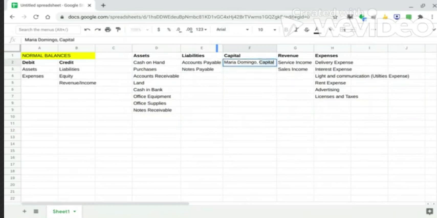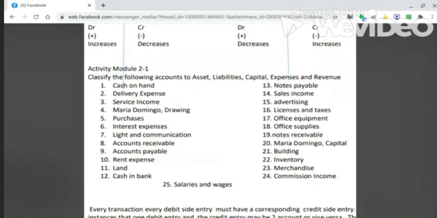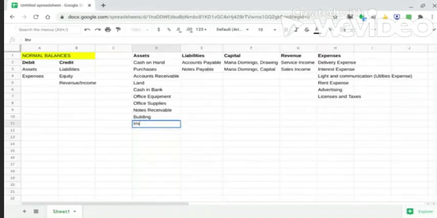We have Maria Domingo Capital. Yung kanina pala drawing yon. So, capital, syempre pag nag-i-invest owner, there, dun siya papasok. So, ilagay din natin si Maria Domingo Capital dito. Next is the building. So, it's under asset ulit. And we have the inventory. Under assets, we have the merchandise.